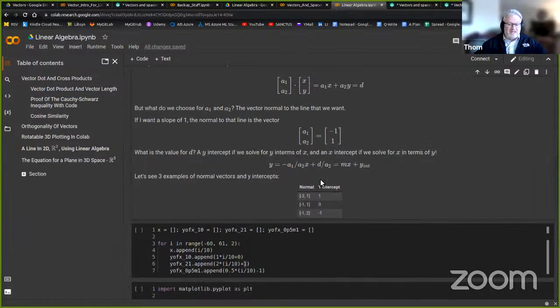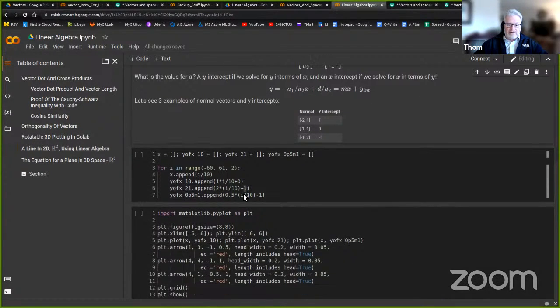So you actually get to define d too, so you can define where your line's going to be. And then we have +1 over 2, which gives us a slope of 0.5, but we want the y-intercept to be at -1. But we're choosing each of these to be our normal vectors.